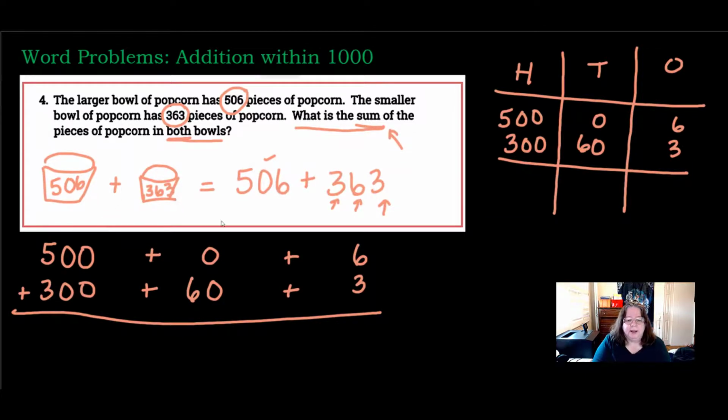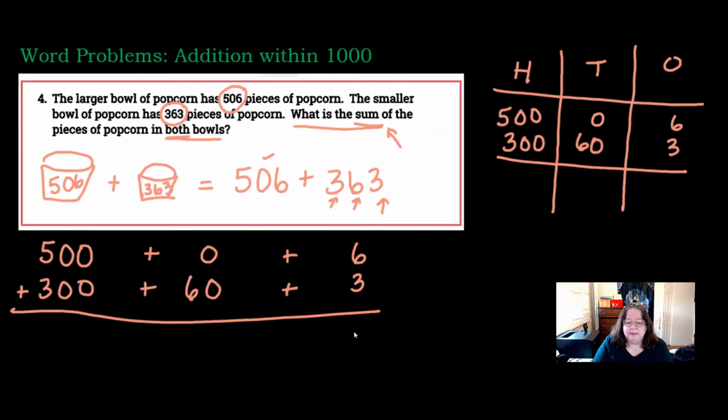So I'm going to go ahead and add these up. 6 plus 3 is 9. 0 plus 60, or 60 plus 0, well, that's still 60. And here I've got 500 plus 300.